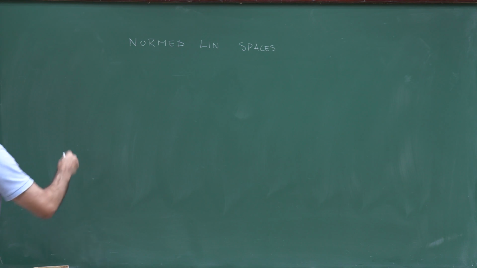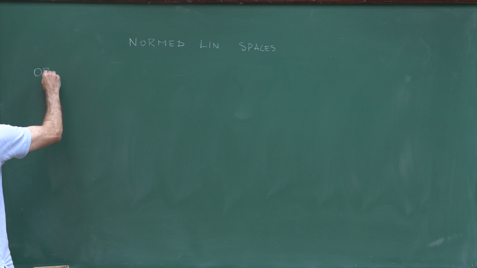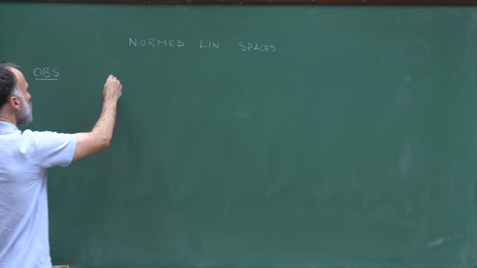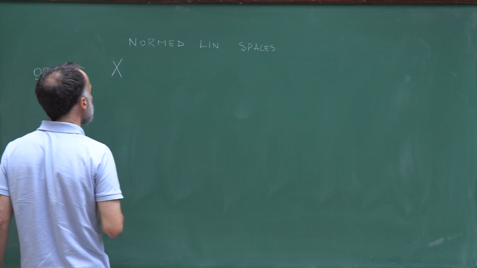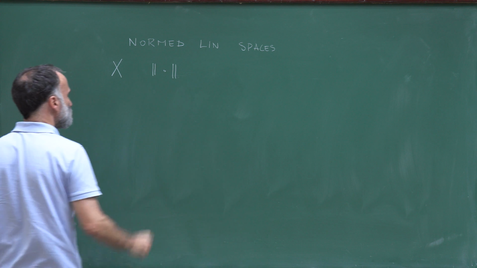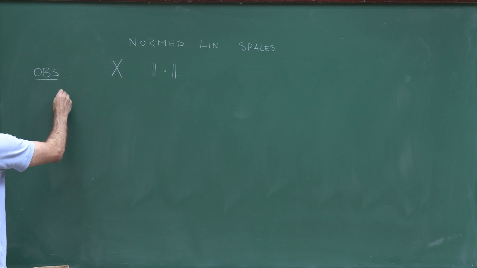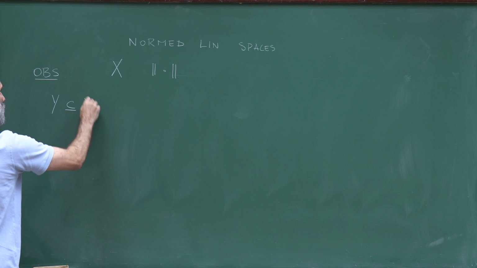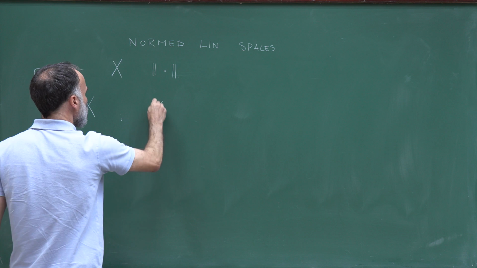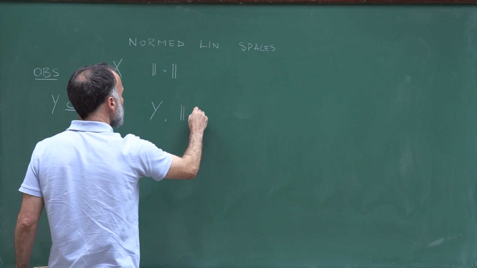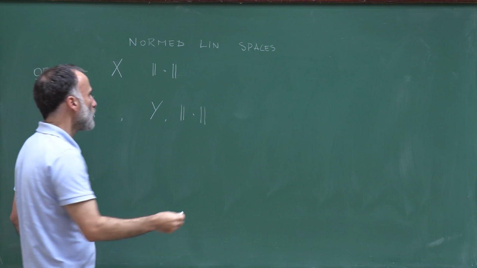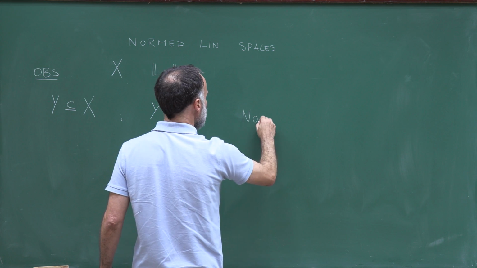So now let me mention some examples of normed linear spaces. We are given a linear space X with a certain norm. What I claim is that if you have Y a subspace of X, then Y with the norm defined on X is a new normed linear space.